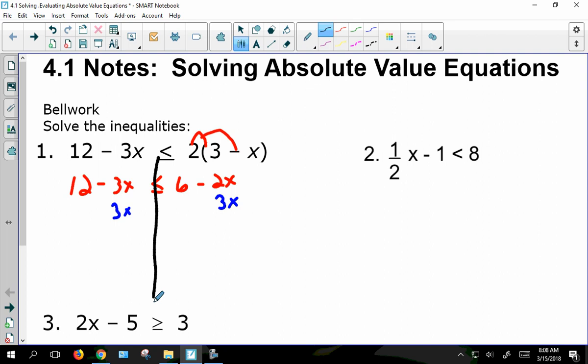Let's keep our line here. So this cancels, leaving me 0. So I get 12 over here is less than or equal to 6. Negative 2 plus 3 is plus 1x. Now, I'm going to subtract 6 from both sides.